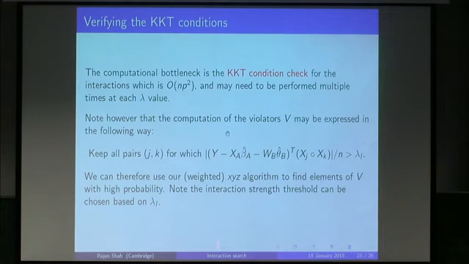So what we can then do is essentially use our weighted version of the XYZ algorithm with this weighted sampling to try to find the violations of this KKT condition with high probability. And you see that this interaction strength threshold that we had before, this gamma, can be chosen based on the tuning parameter here, based on the lambda.